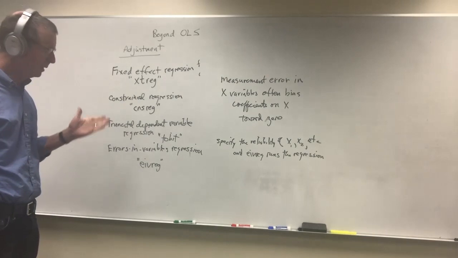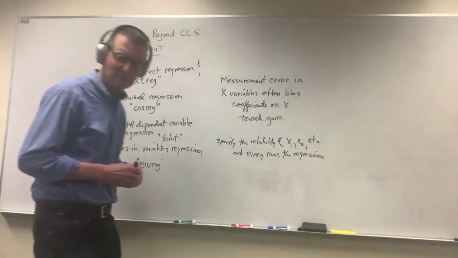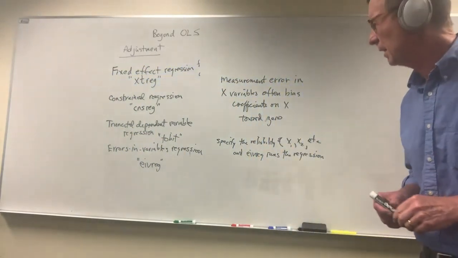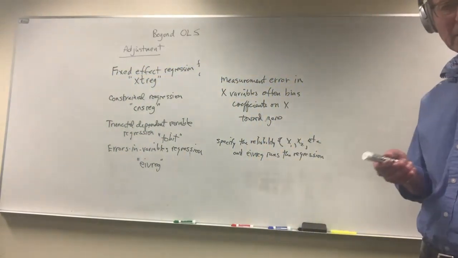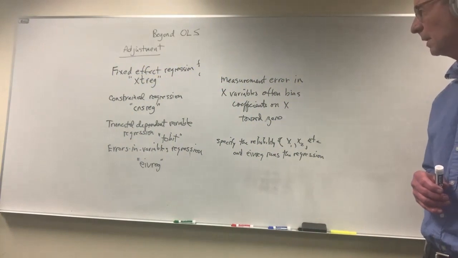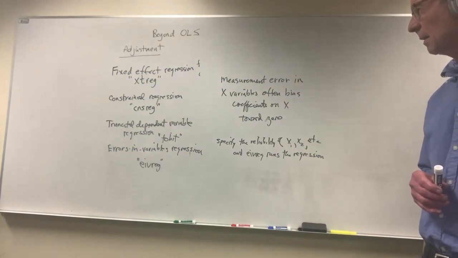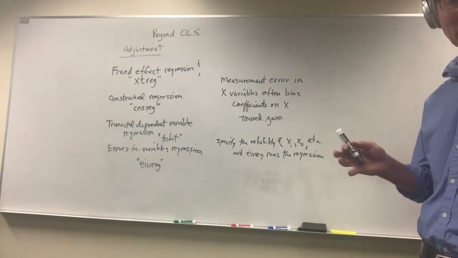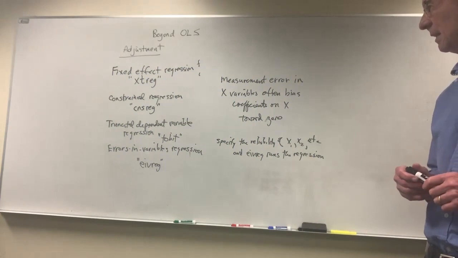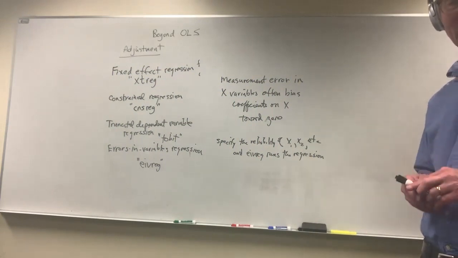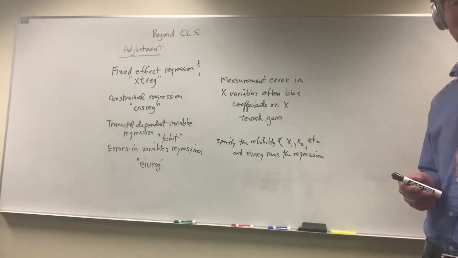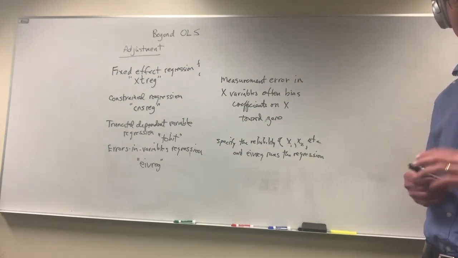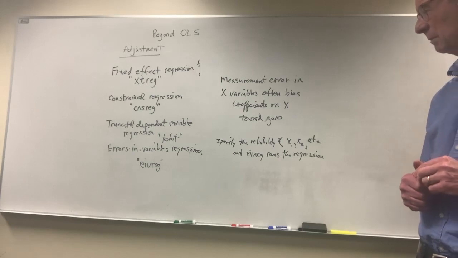All right, so there are a couple more of these kinds of procedures that Stata can do that are explained in this chapter. It's useful to know what the possibilities are, because a lot of times for a particular problem, you just know that it's not kosher to do an OLS regression, and you really don't know what to do to get around the particular problem that's making it not kosher.